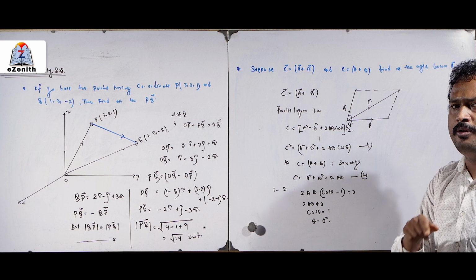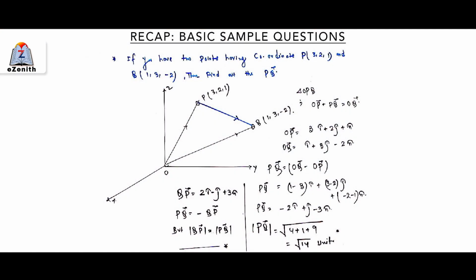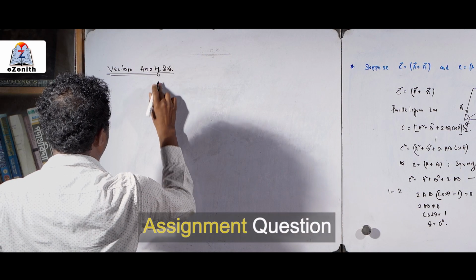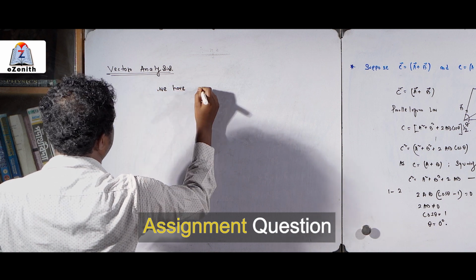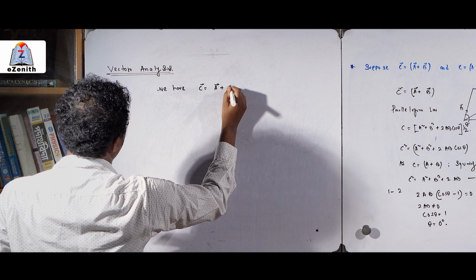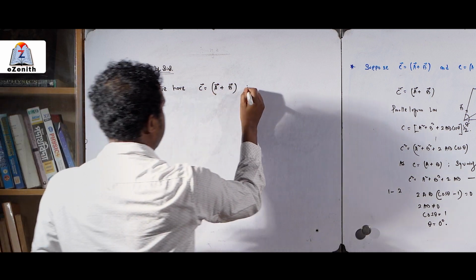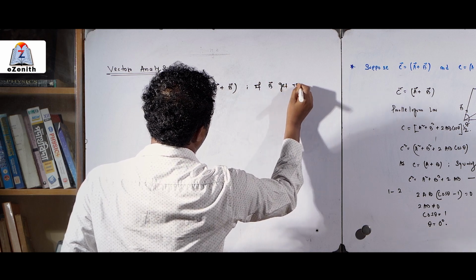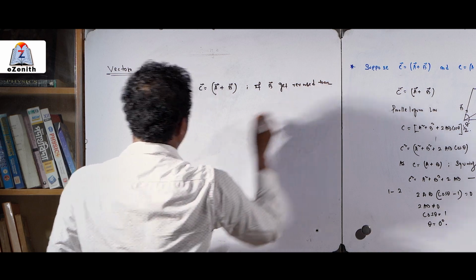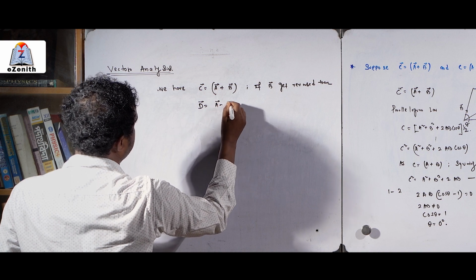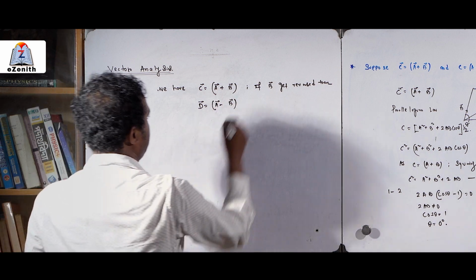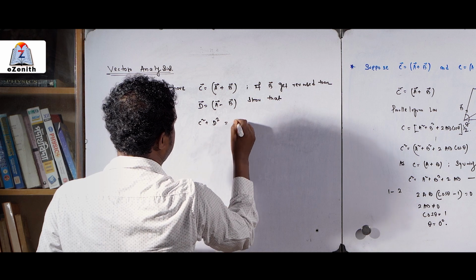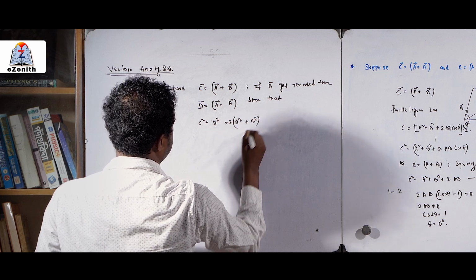Now I have a problem for you for my next class. We have C vector is equal to A plus B. If B vector gets reversed, then D vector is equal to A minus B. So that C square plus D square is equal to 2 into (A square plus B square).